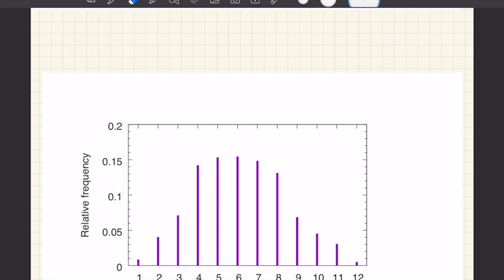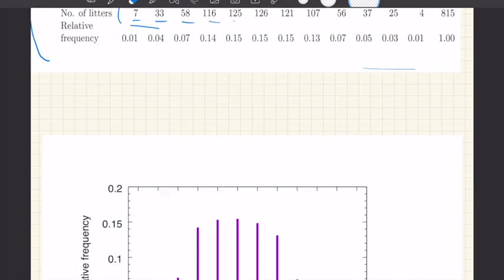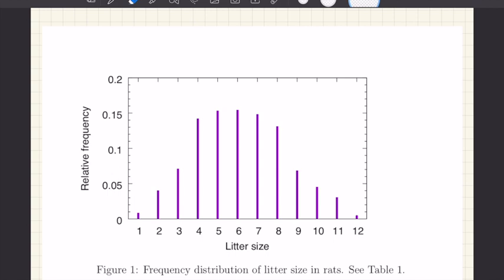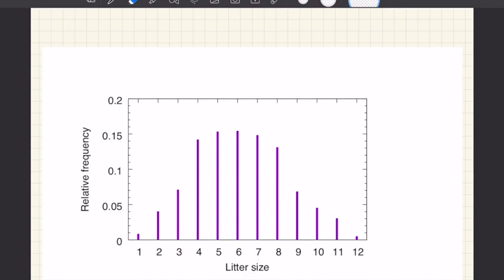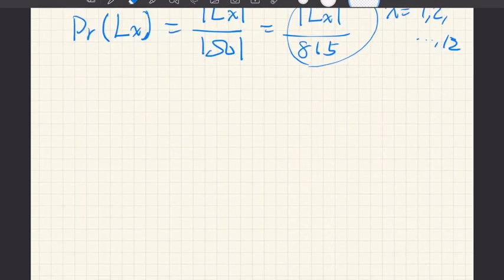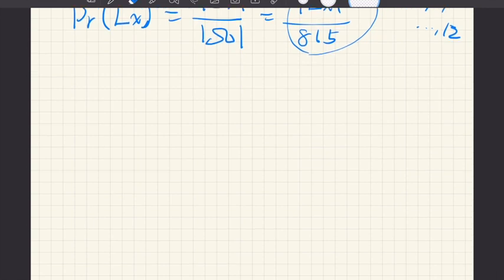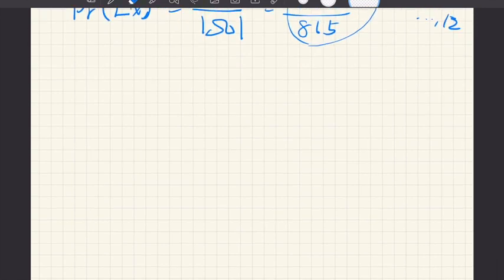So it's just these numbers here. These numbers are plotted here like this. So this is very simple for discrete random variables. Okay. So far so good. Then we define the cumulative distribution function.